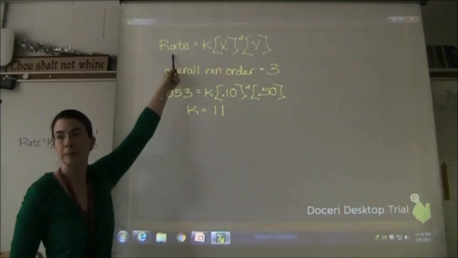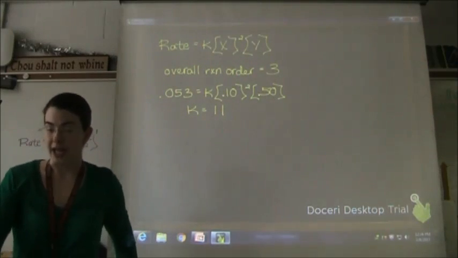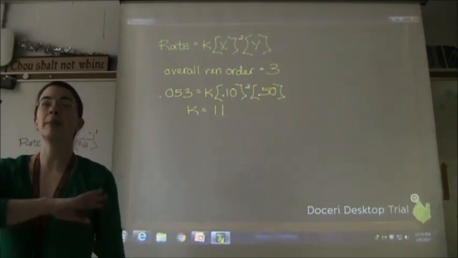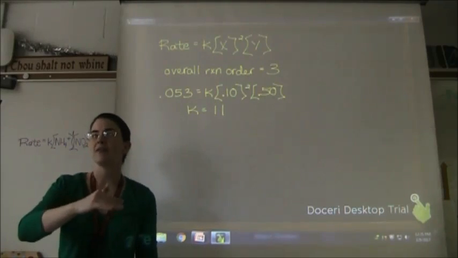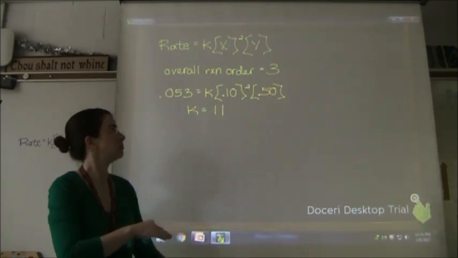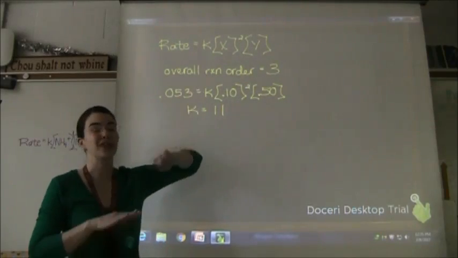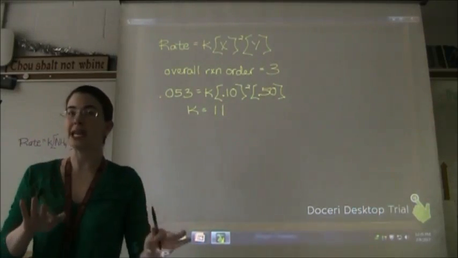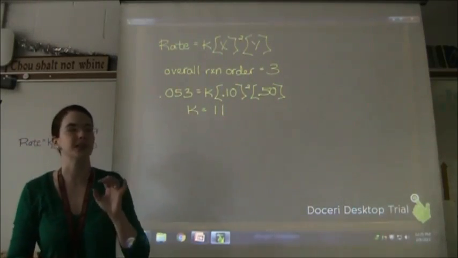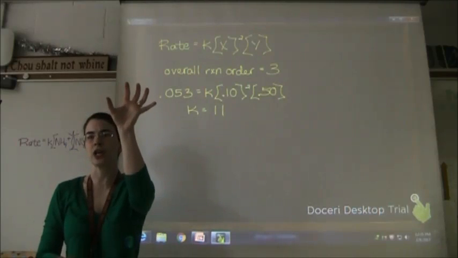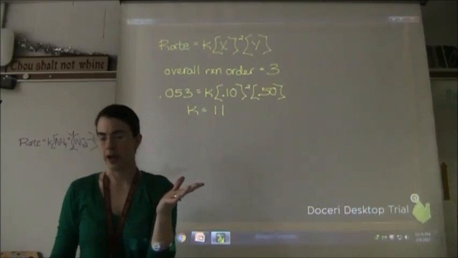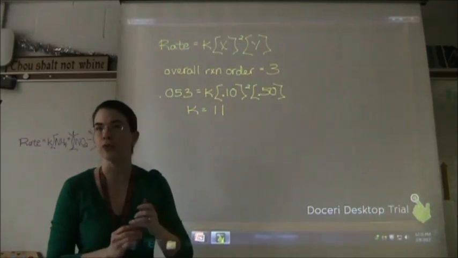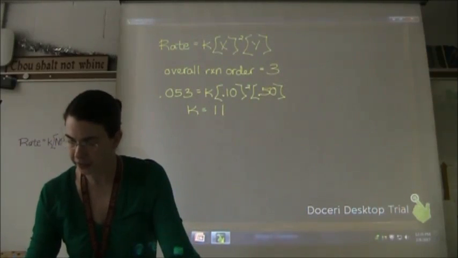For example, all rates, no matter what problem you're given, rates always have the same kind of units. Rate constant has different units for every problem, but rate will always be measured in some concentration per time. Okay? So instead of writing the word rate, I'm going to write the unit.